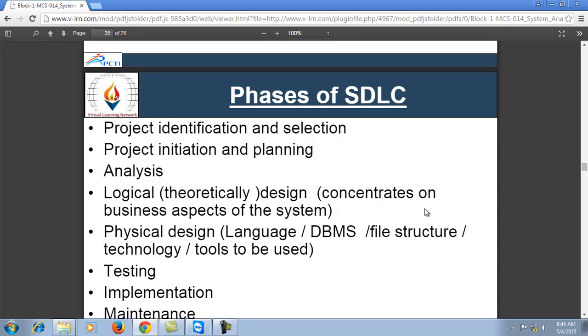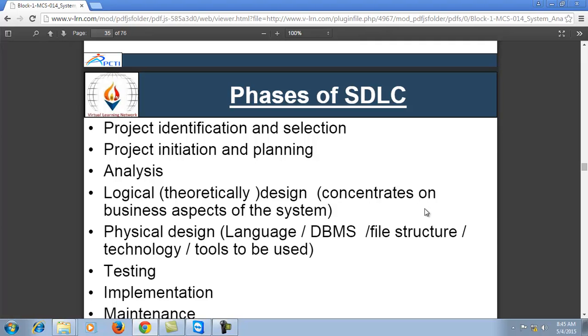Another is observation. Sometimes it is not possible to collect the entire data required for system development by merely interviewing, formal meetings and questionnaires. We need some more data to understand the entire system concept. So in that situation, observation is another important tool in the hands of the system analyst.